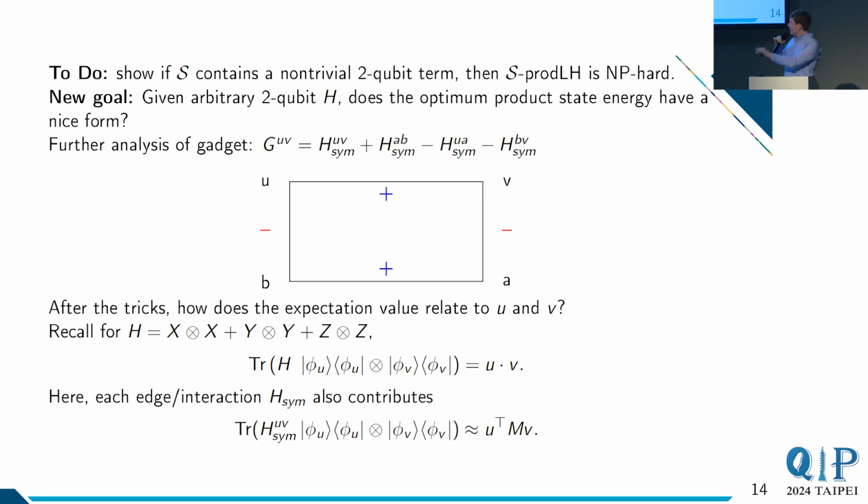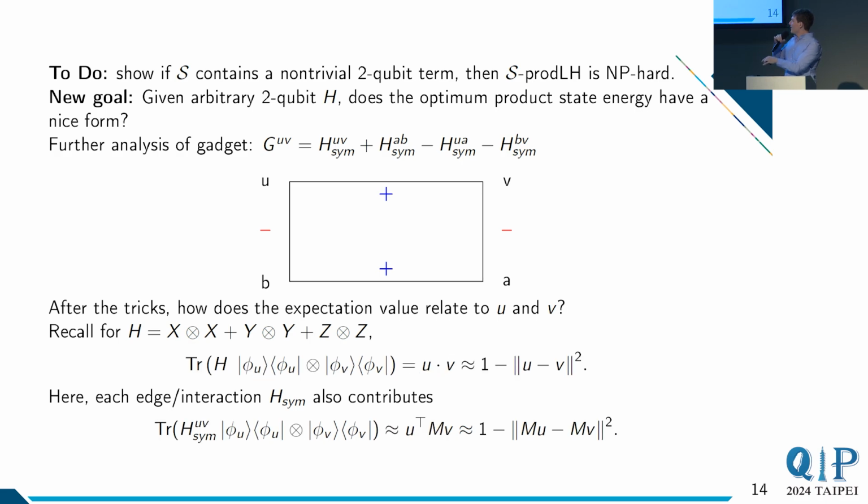And it's going to be really helpful to note that for unit vectors, the inner product is directly related to the distance squared, right? So for unit vectors, the angle of the vectors is related to the squared distance between the vectors. And this also holds even when you have this transformation by m.